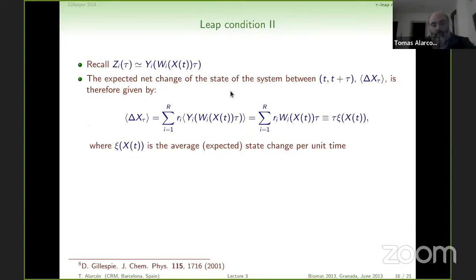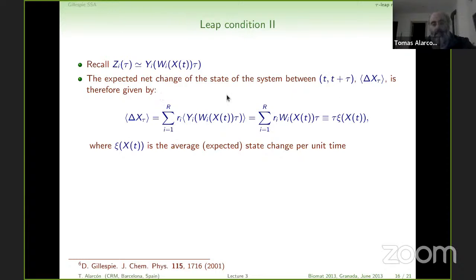Okay, so now the expected net change of the state of the system in the chosen tau interval is this average here. By the way, are you familiar with this notation? This is the notation that physicists use for the average. Whenever you see something between these two brackets, this means average.